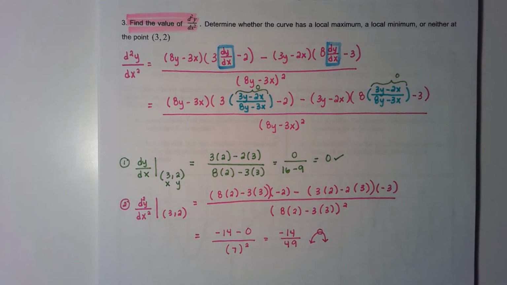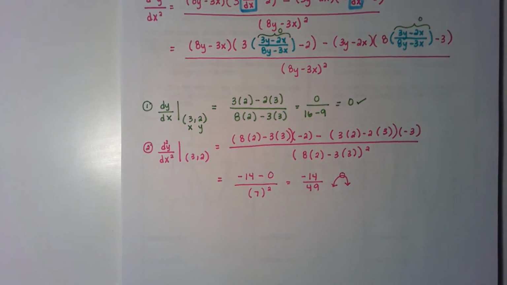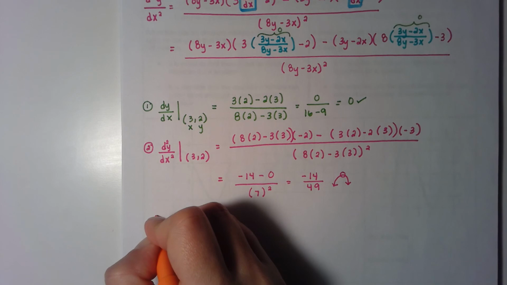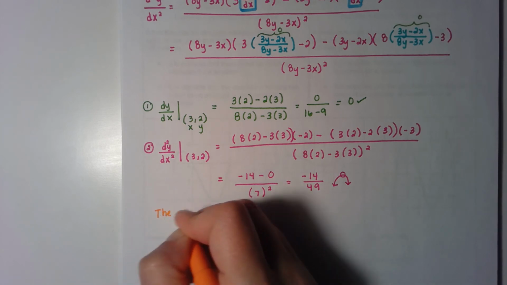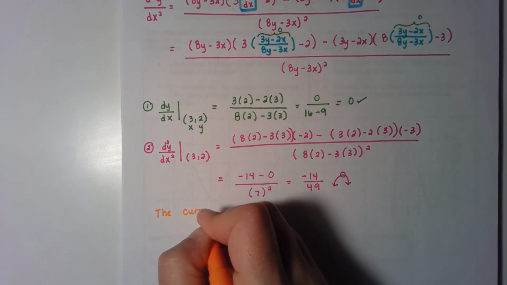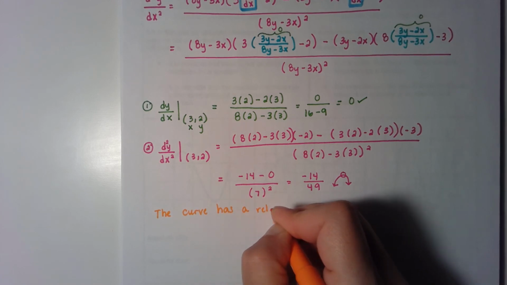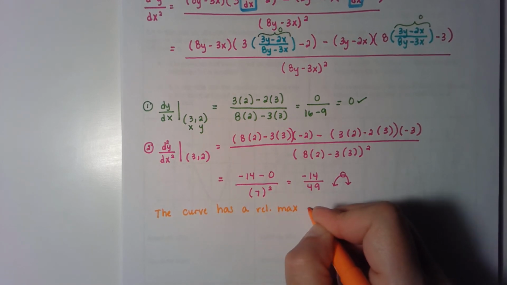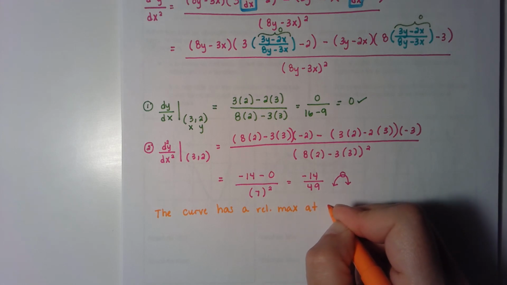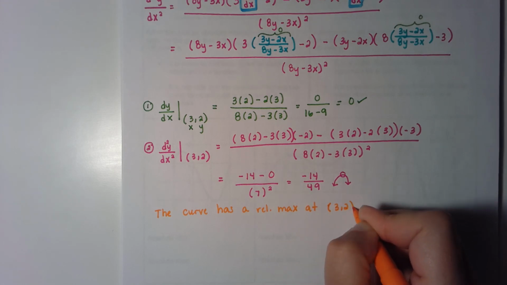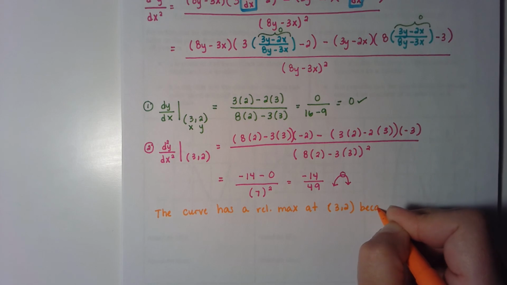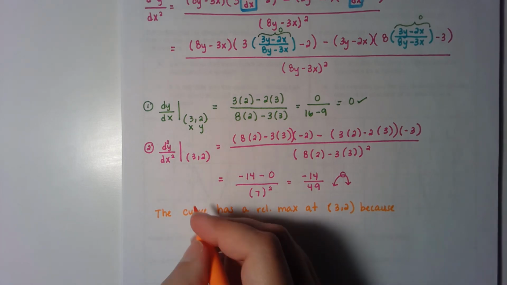So now all I'm going to do is state my answer and make sure that I justify it. So I would say that the curve has a relative max at the point 3, 2 because of two things.